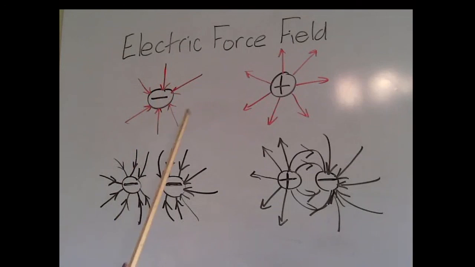The more dense the E field lines, the more charge the object or particle possesses. Electric field lines are always drawn perpendicular to the charge, and therefore electric field lines will never cross.